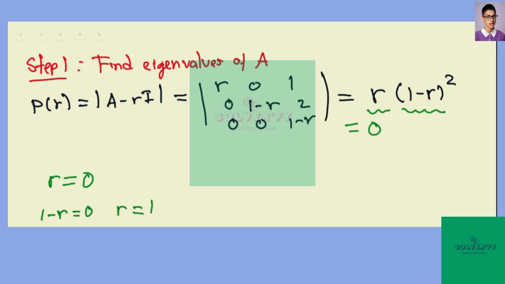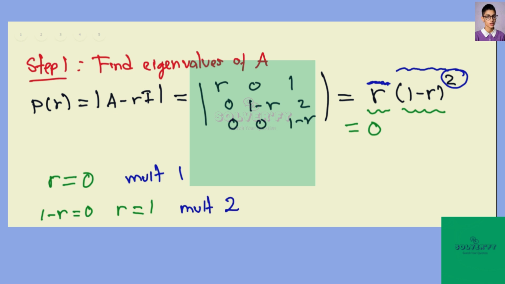For the eigenvalue R equal to 0, the multiplicity is 1, because this factor only appears once in the characteristic polynomial. On the other hand, for the second eigenvalue, the factor 1 minus R appears twice, so the multiplicity is 2.